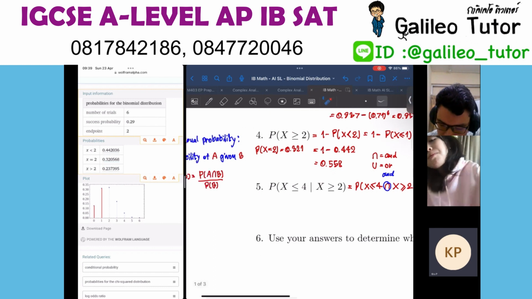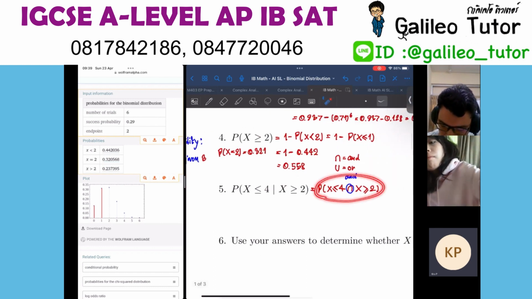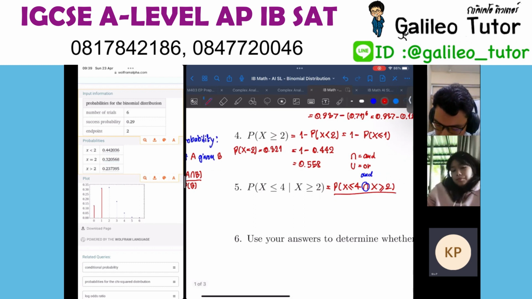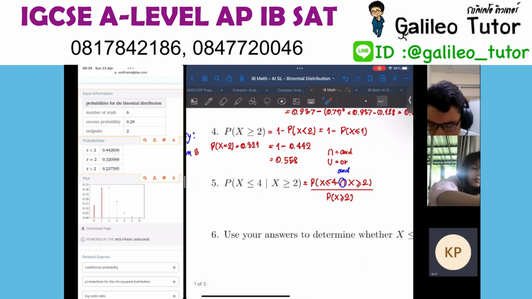Now we have this numerator. So what is the denominator? The denominator is going to be this probability, x greater than or equal to 2. So what does it mean by this one? I have the number that is less than or equal to 4 and greater than or equal to 2. What is this? It could be PA plus PB.